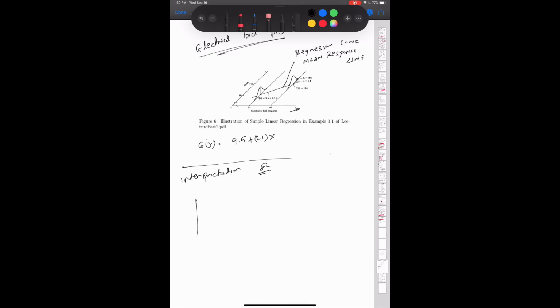Now, how do I draw this? Let me just see if I can replicate this image. So this is the regression line, and I have the bell curve here, and I have another bell curve here, and so forth, right? And then you can see, okay, maybe let me draw this properly.